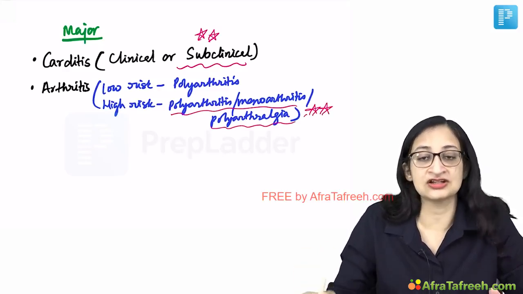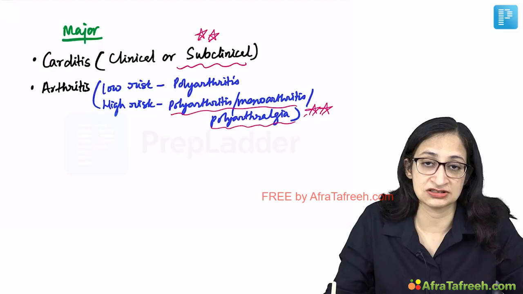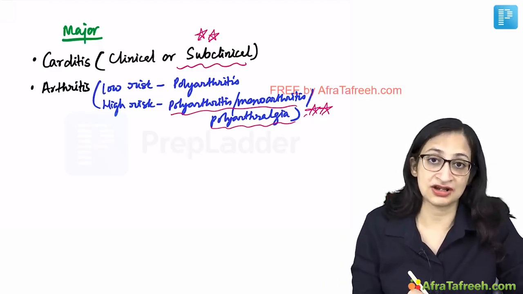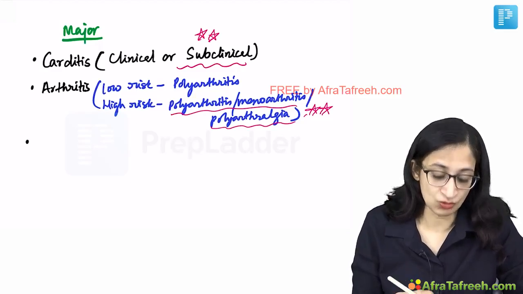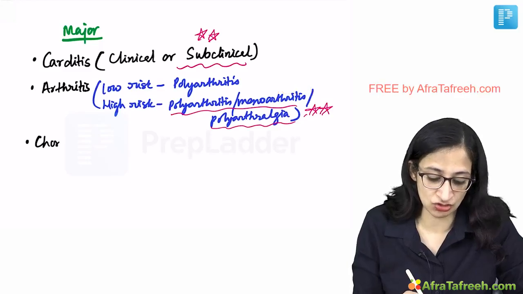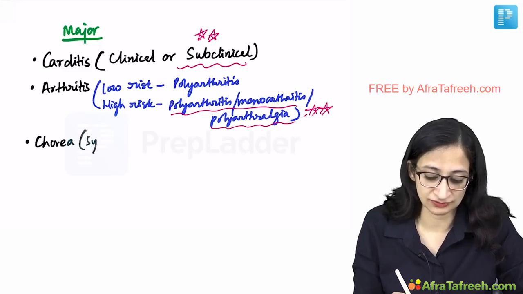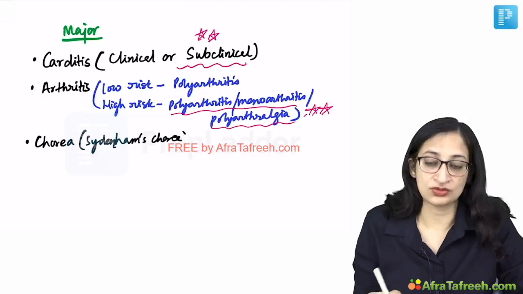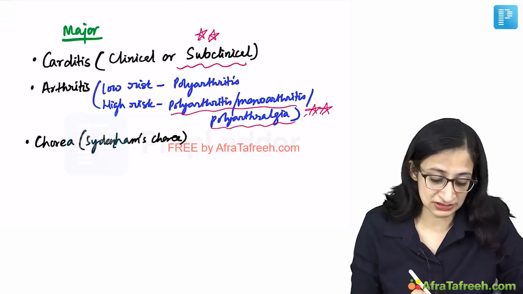This is again an addition in the 2015 guidelines. Okay. So we said carditis, arthritis. What else? There is chorea or Sydenham's chorea. Okay. Chorea, which is also called Sydenham's chorea. What else?